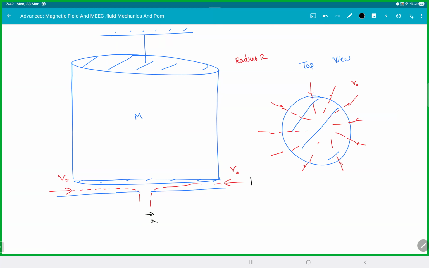And let's say the thickness of this gap is some t. Okay. Find the tension in the string. And atmospheric pressure is P naught. Just get me the equations.